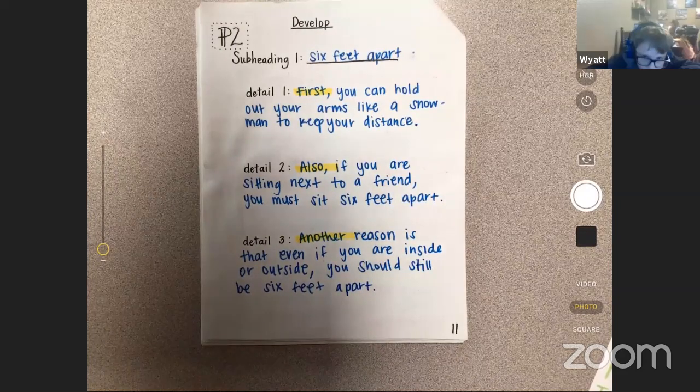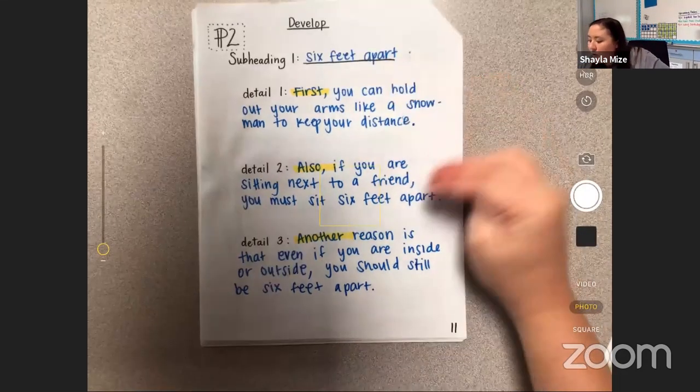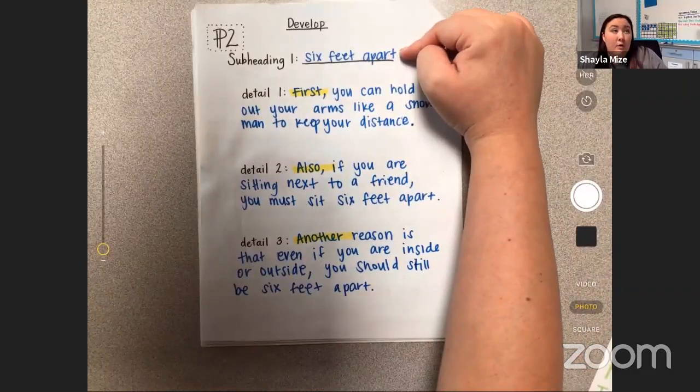So I have added my details for why being 6 feet apart is important.